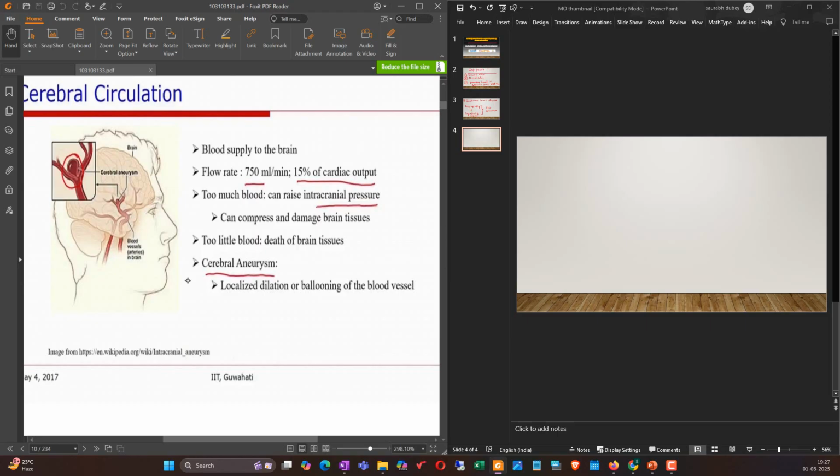Too much blood can raise intracranial pressure, and can compress and damage brain tissues, right? Too little blood, death of the brain tissue. So intracranial pressure is important, and you need to be careful with this.